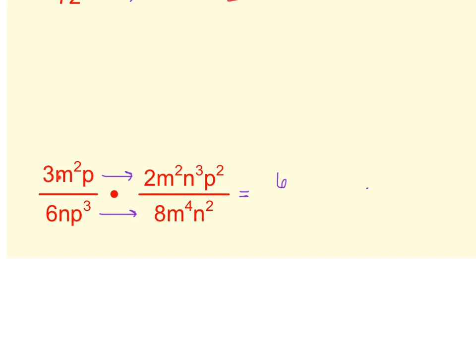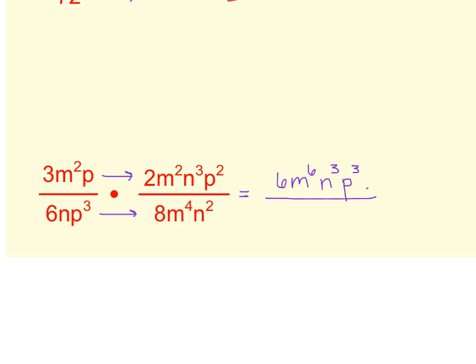M squared times m squared, add those exponents, you get m to the 6th power. Now you have an n cubed here, but you don't have an n cubed on the other side, so that's just going to stay as n cubed. And then we've got some p's we can multiply. P times p squared is p to the 3rd power.